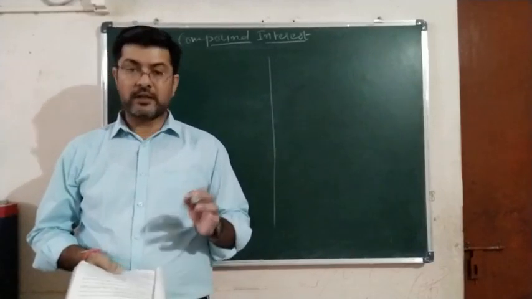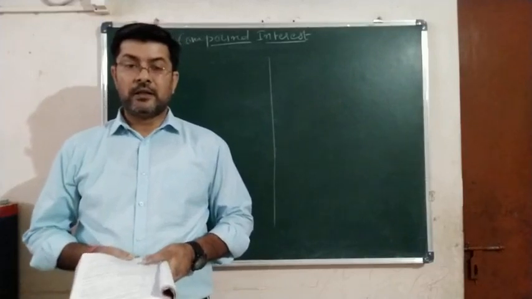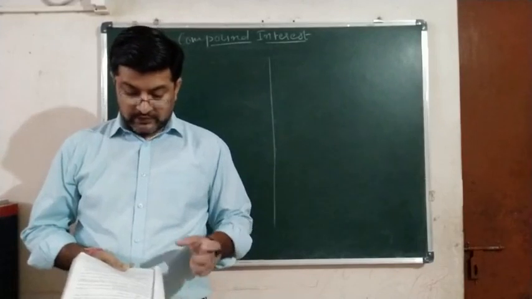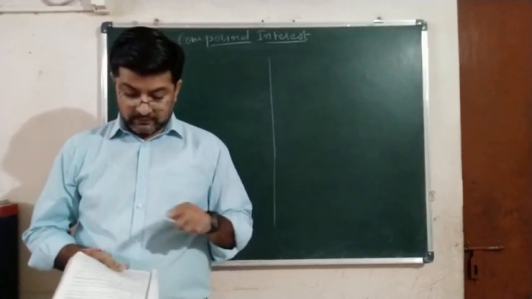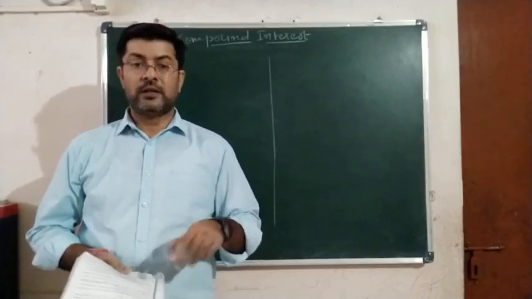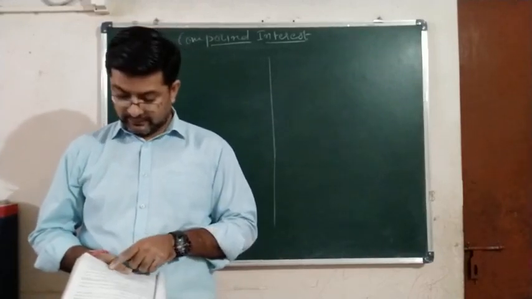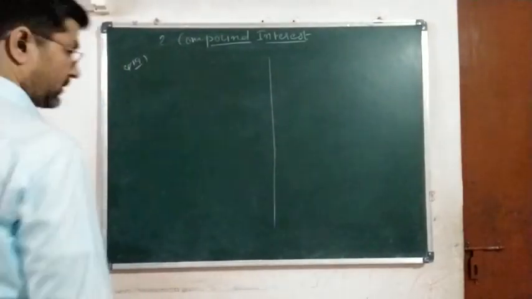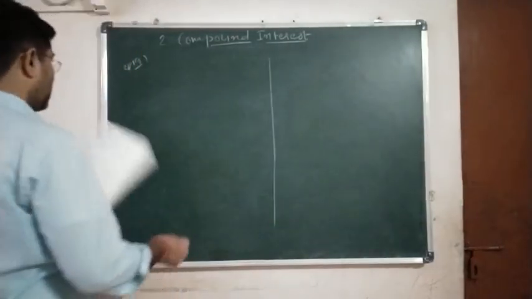Okay, so what data is given in the question? It is very compulsory to understand what you are given. Okay, you are given the amount at the end of 2 years, that is 7260. Another data is the amount at the end of 3 years, that is 7986. So we are given the amounts at the end of the second year and at the end of the third year respectively.